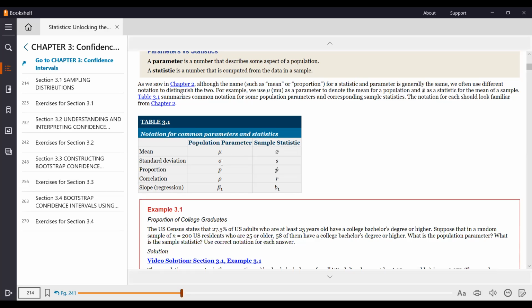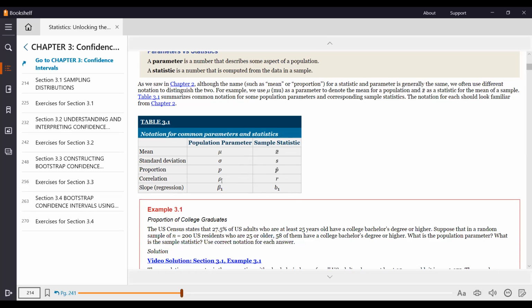Standard deviation, we use this letter sigma for the population standard deviation, and we use S for standard deviation for the sample. For proportion, this is what we're going to use. We're going to use P for the population proportion, and we're going to use P hat for the sample proportion, a little hat above it, or it looks like an upside down V.